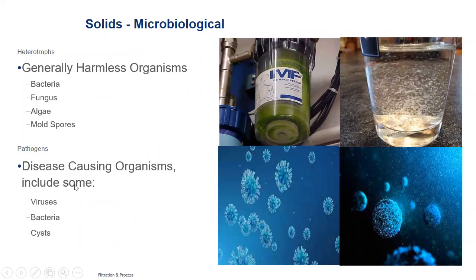So what we really want to manage is disease pathogens, right? Viruses, bacteria, and cysts. These are viruses, and these are orders of magnitude smaller than a cyst. The cyst is basically Death Star sized compared to a virus. These are very, very tiny. This requires very special mechanical filtration to remove viruses.